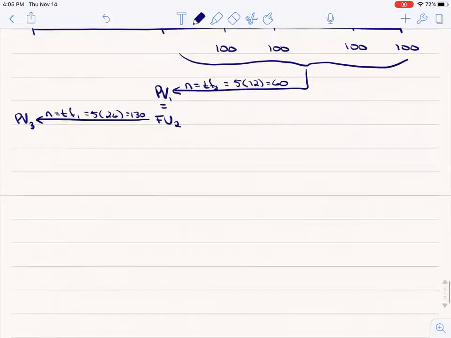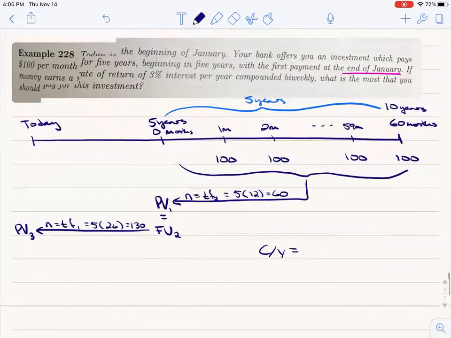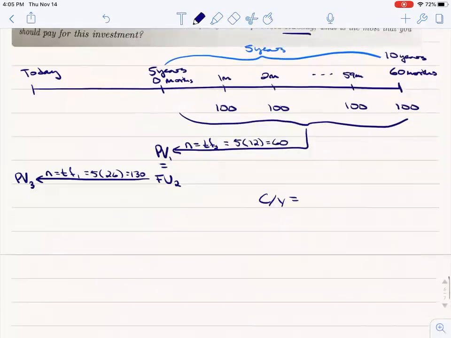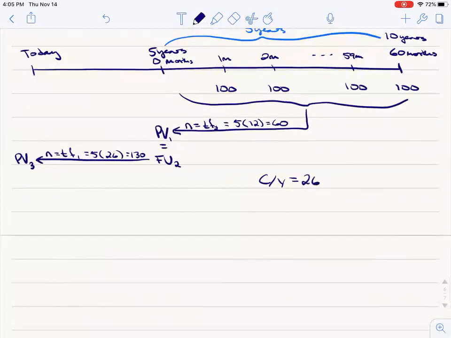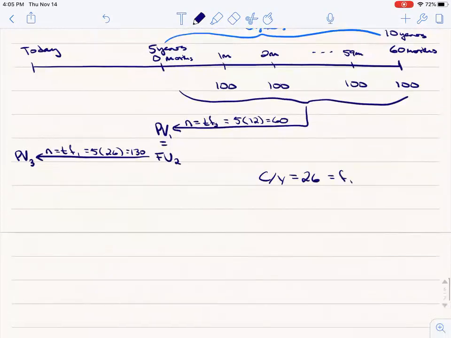So we said that the payments, or sorry, I'll start with the compoundings per year, which were 26, compounding biweekly, which is your F1.